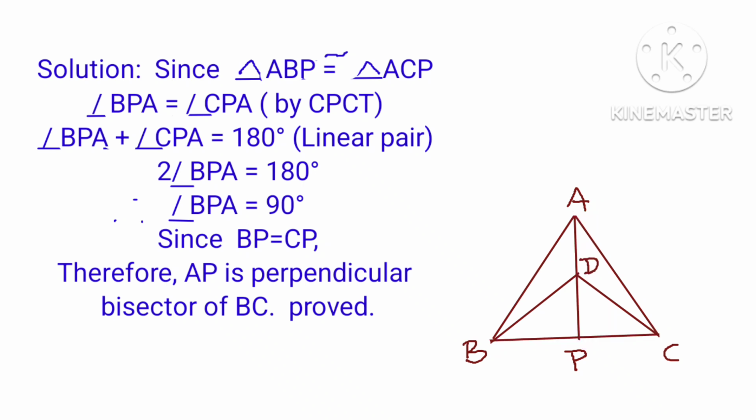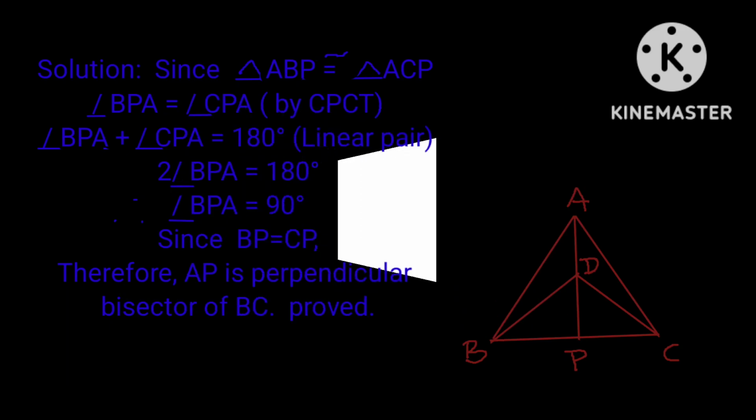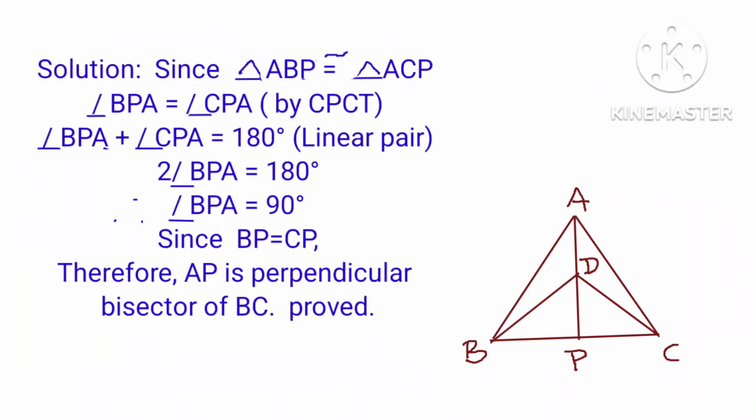Angle BPA plus angle CPA is equal to 180 degrees, linear pair. 2 angle BPA is equal to 180 degrees, or angle BPA is equal to 90 degrees. Since BP is equal to CP, therefore AP is perpendicular bisector of BC, proved.